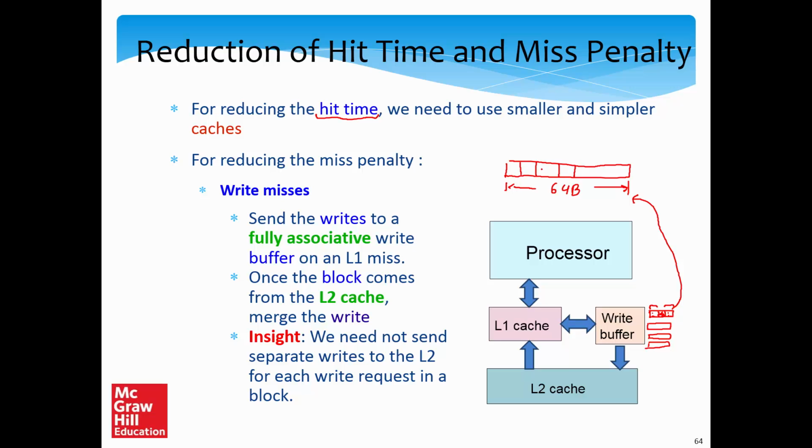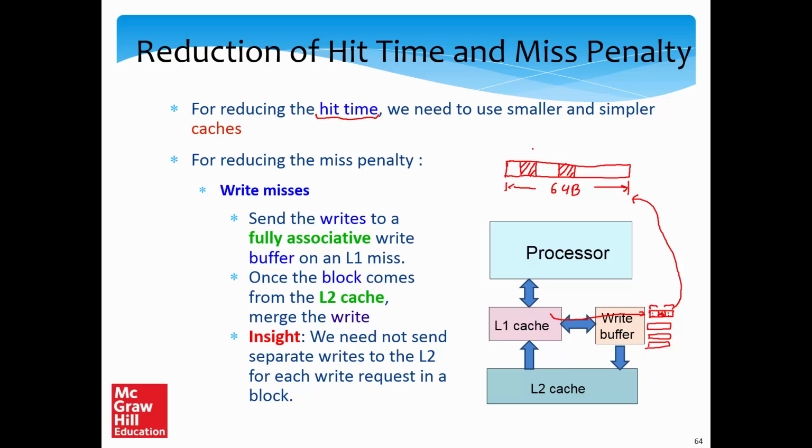A naive approach would be that we first get the data from the L2 cache to the L1 cache, and then we do the writes. But this will take time. So what we can instead do is that the writes can go to an entry in the write buffer. We can allocate an entry and write 4 bytes. Similarly, if another write comes for the same block, we can write the other 4 bytes, and we can wait for the line to come from the L2 cache.